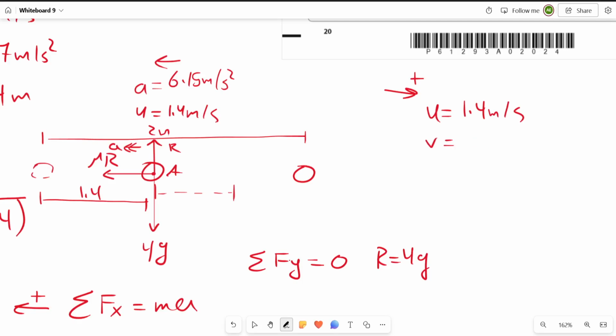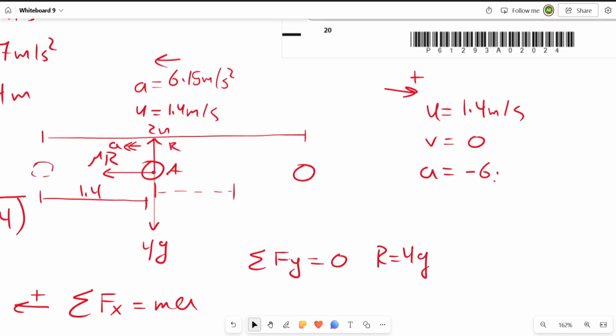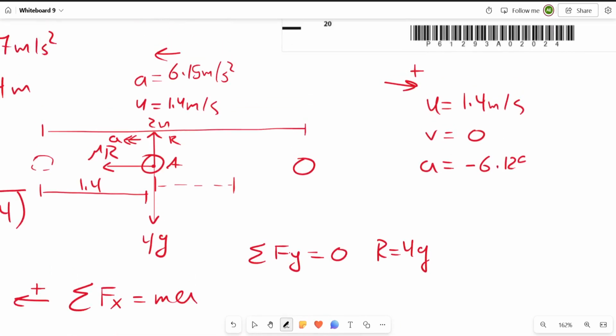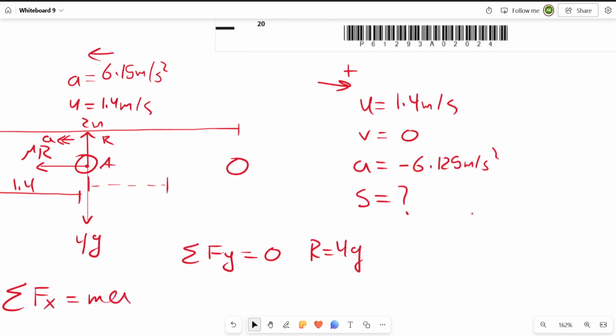V is going to equal 0. I'm trying to see where A will stop, where A will have a velocity of 0. So acceleration is going to be negative 6.125 meters per second squared. Why negative? Because acceleration is to the left. And what I want to get is my distance. What distance am I covering?